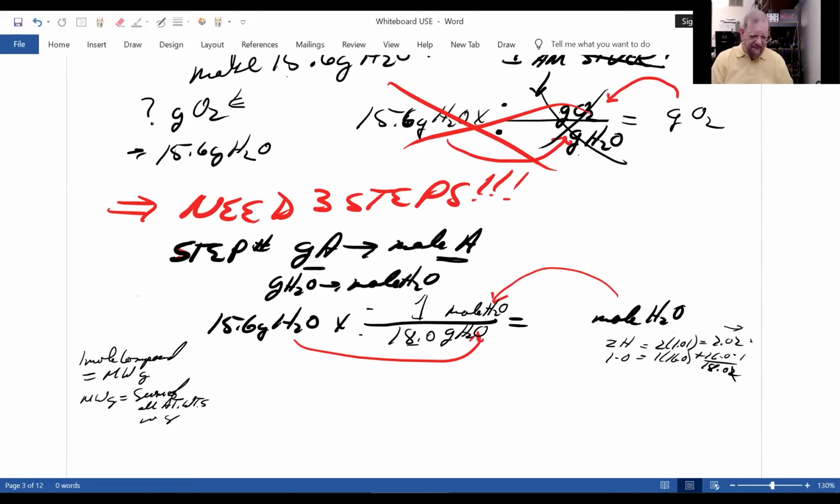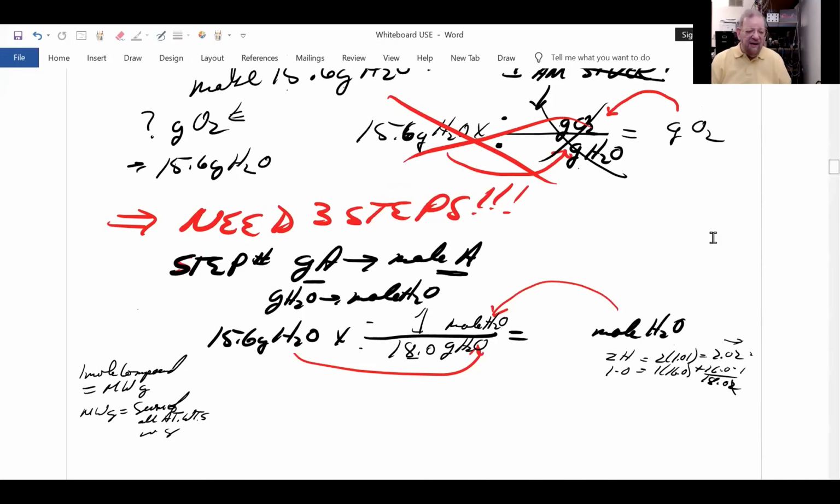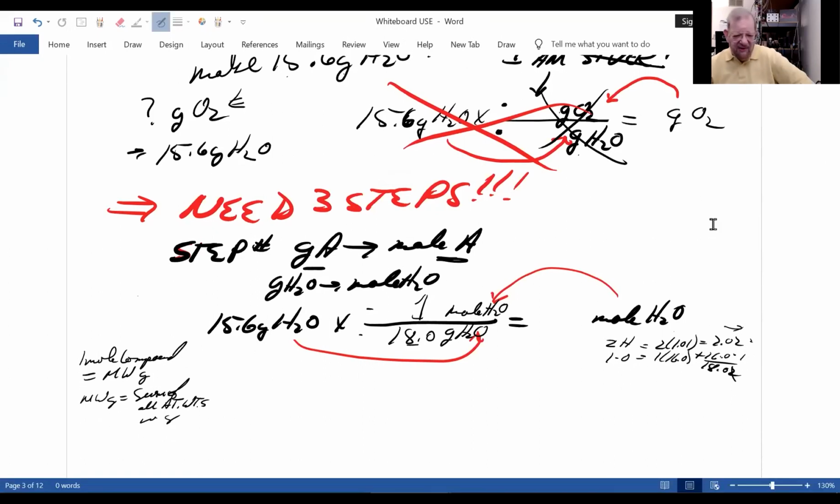So now, before I go to my calculator, I want to get to moles at the step 1. I want to get the moles of water. Do I get that? Notice grams of water divided by grams of water cancel out. So I do. And now I'm going to go to my calculator.